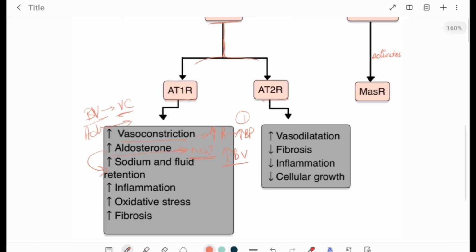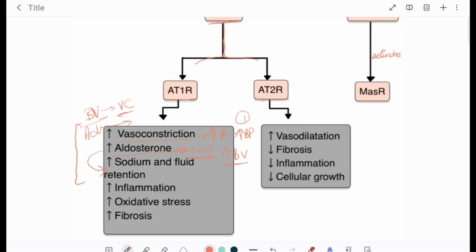But for now, as I'm talking about blood pressure, we need to know this very well: it works on blood vessels, making them vasoconstrict, and it goes to the adrenal gland and increases aldosterone.